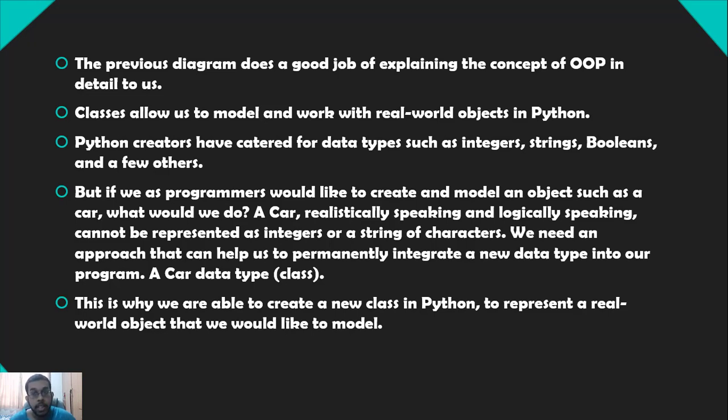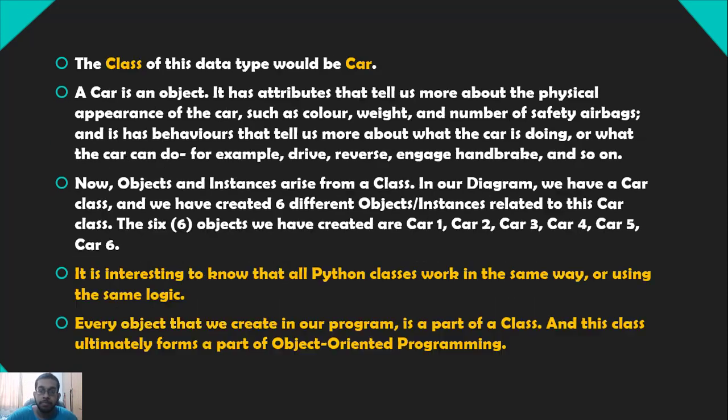A car, realistically speaking and logically speaking, cannot be represented as integers or a string of characters. We need an approach that can help us to permanently integrate a new data type into our program, a car data type, class. This is why we are able to create a new class in Python to represent a real world object that we would like to model.